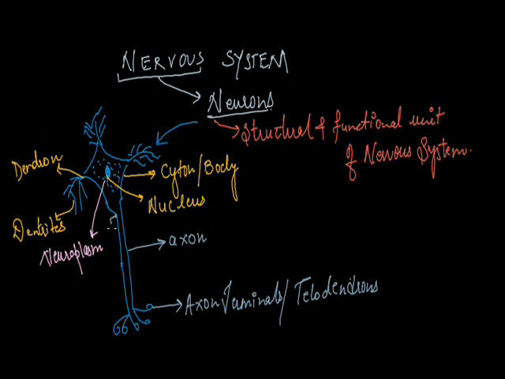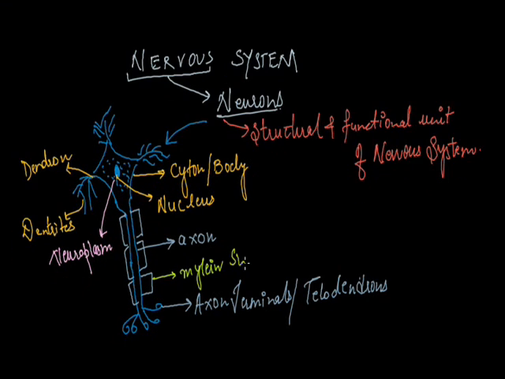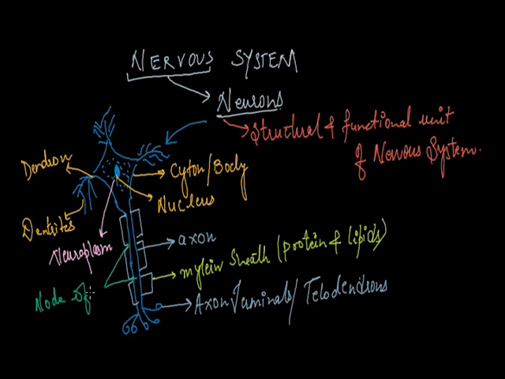This axon having a layer called as myelin sheath. This myelin sheath is mainly made up of protein and lipids. And the space between the myelin sheath are called as node of Ranvier.